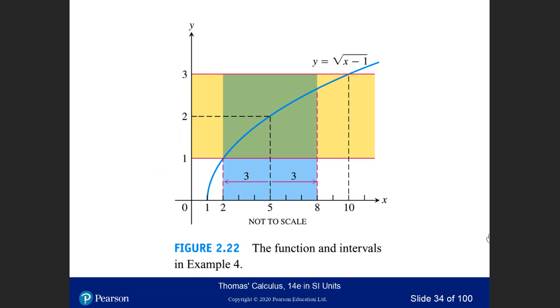Now let's look at this function. y is equal to square root of x minus 1. Now I want to prove that the limit of this function as x approaches 5 is equal to 2.